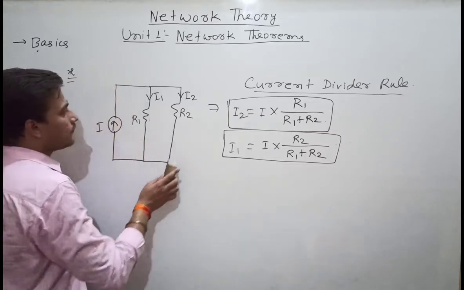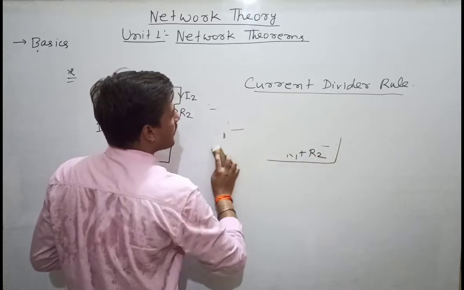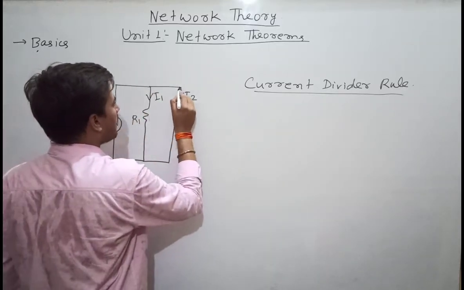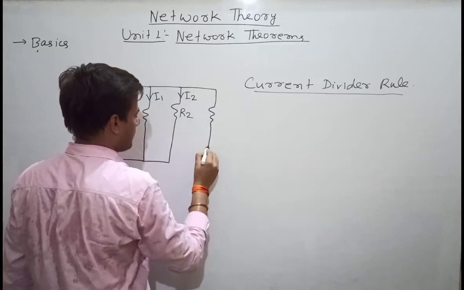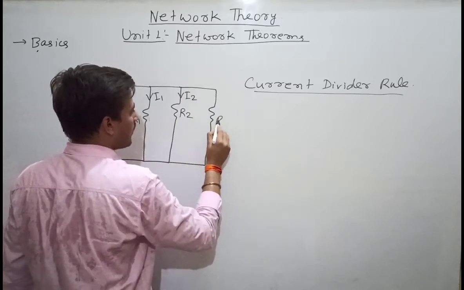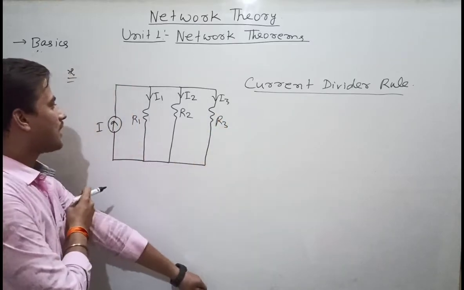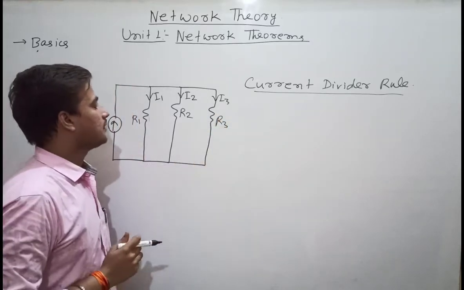Next, suppose you are having three resistors connected in parallel. This resistor is R3 and the current is I3.